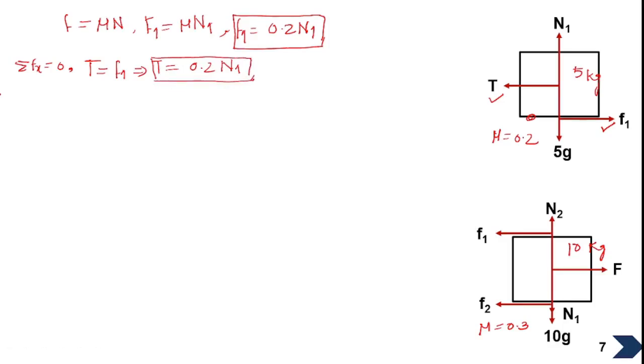Now we'll apply sigma Fy, the second condition of equilibrium. Sigma Fy is equal to 0. So we'll have this N1 and we'll have this 5g. This 5g has become 49.05 Newton, and this has become 98.1, so this also we can write over here, 98.1 Newton.